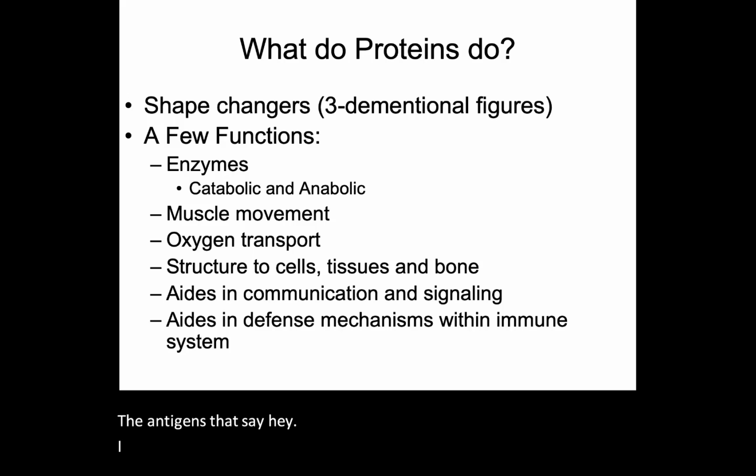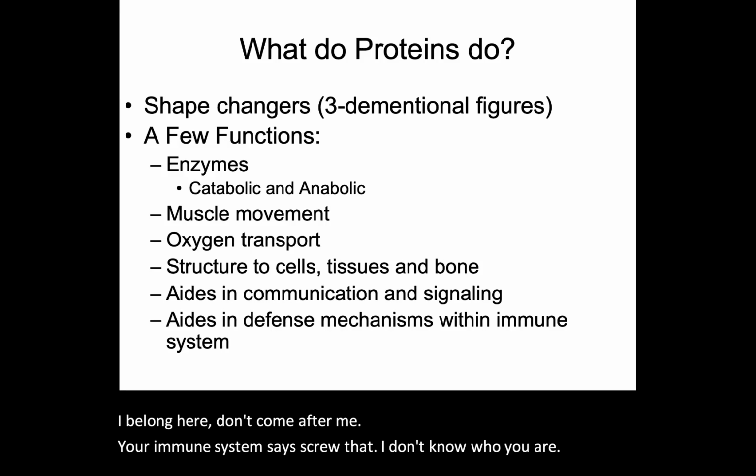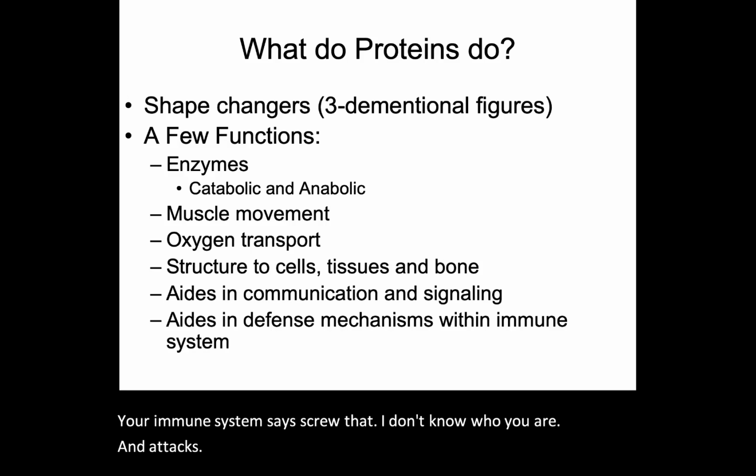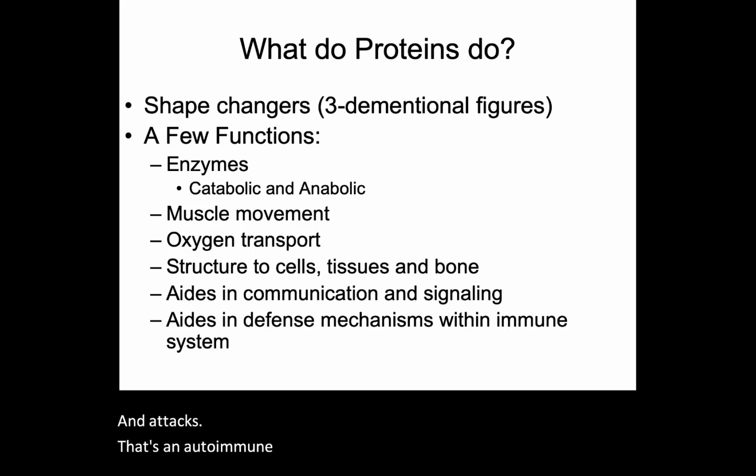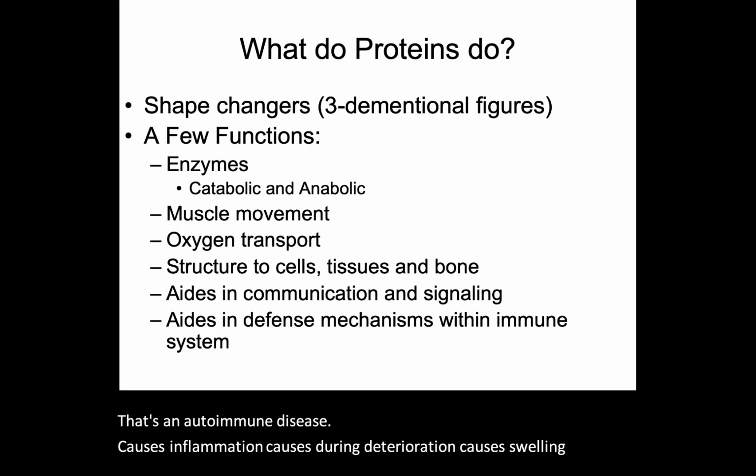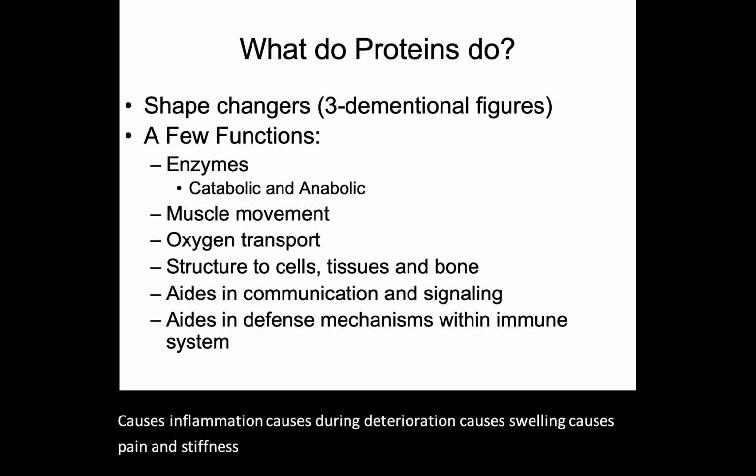Don't come after me. Your immune system says, screw that. I don't know who you are, and attacks. That's an autoimmune disease. It causes inflammation, joint deterioration, swelling, pain and stiffness, and deterioration of ligaments and tendons and muscle and bone.